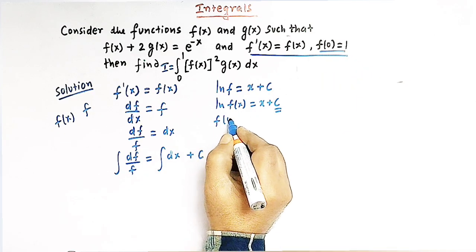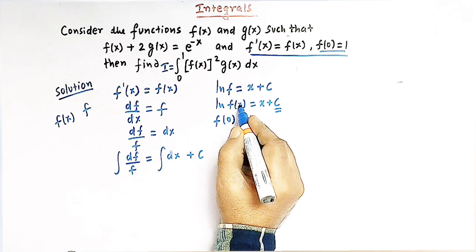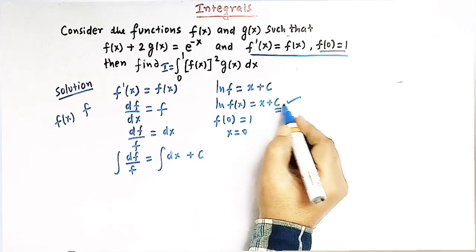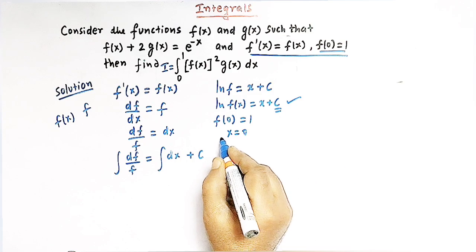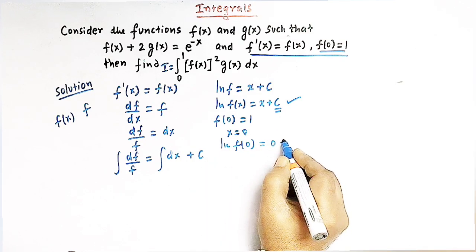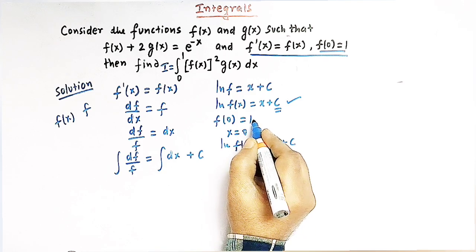We have f of 0 is equal to 1. So let us take x equal to 0 in this equation. We have natural log of f of 0 is equal to 0 plus c, and f of 0 is 1.